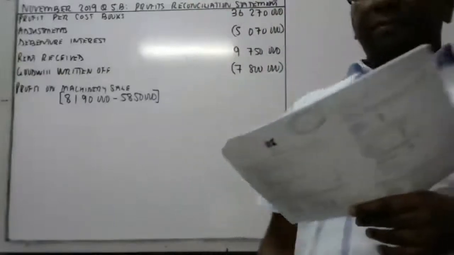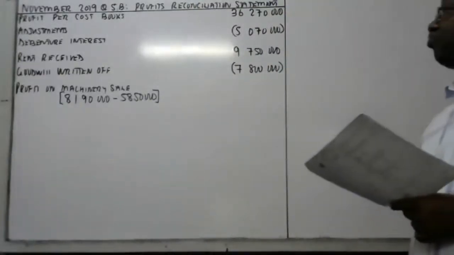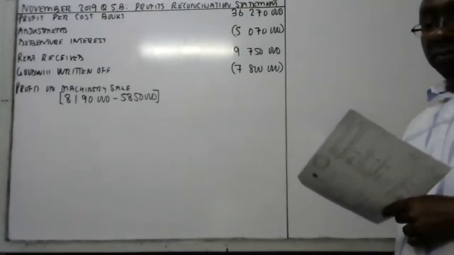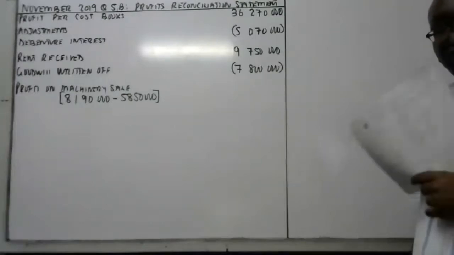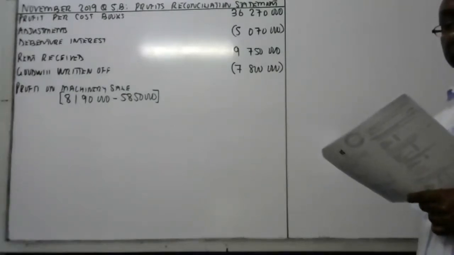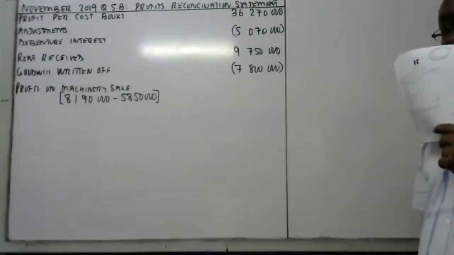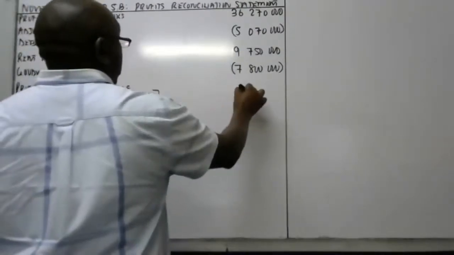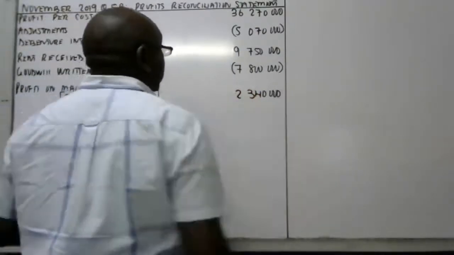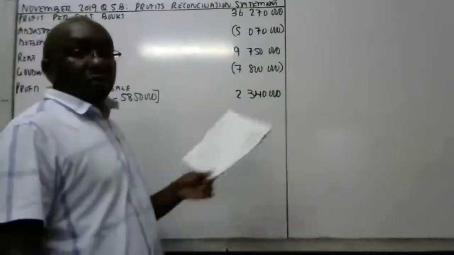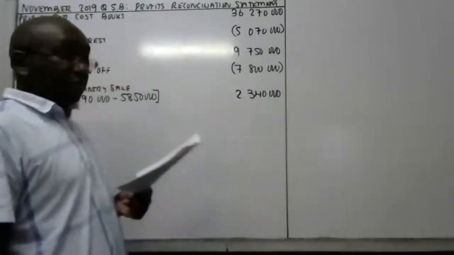What's the difference? 2,340,000. So that one is a profit and is supposed to be added back.